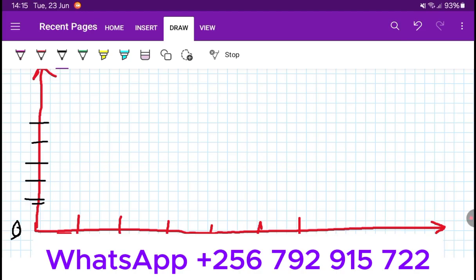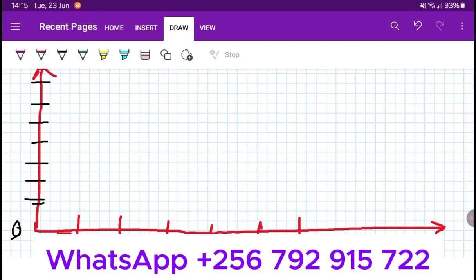20, 25, 30, 35. You have seen, if I use that, it's not going to allow me to have a 40, because remember, my bars are supposed to end at 40.